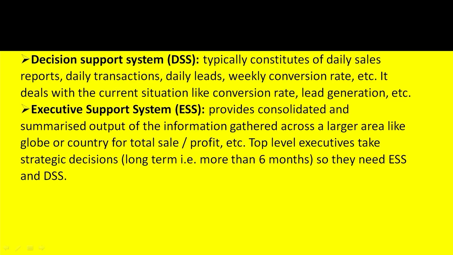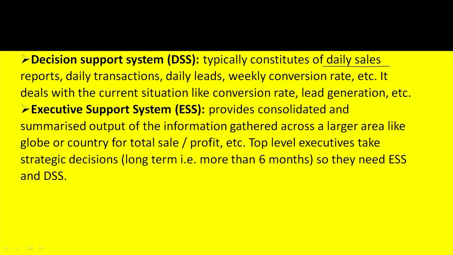Now, the next one is decision support system or DSS. DSS typically constitutes daily sales report or daily transactions or daily leads, weekly conversion rate, etc. So, it deals with the current situation like conversion rate, lead generation.